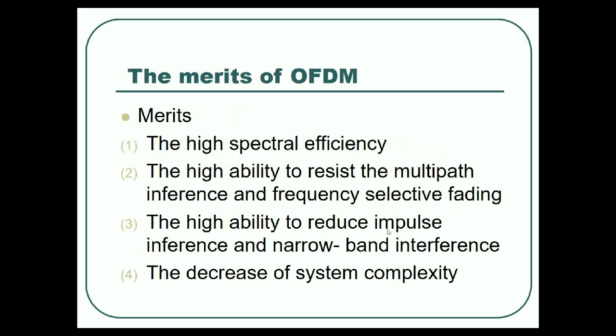The second one is the high ability to resist multipath interference and frequency selective fading. The third one is the high ability to reduce impulse interference and narrowband interference. The fourth is that it is able to decrease the system complexity.